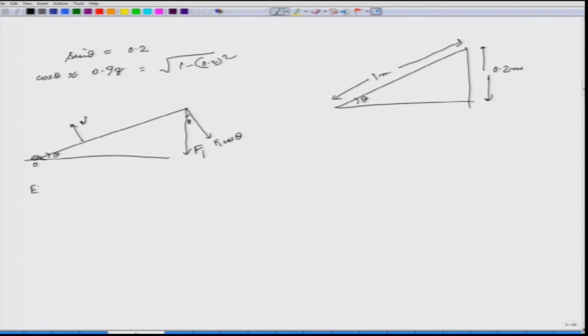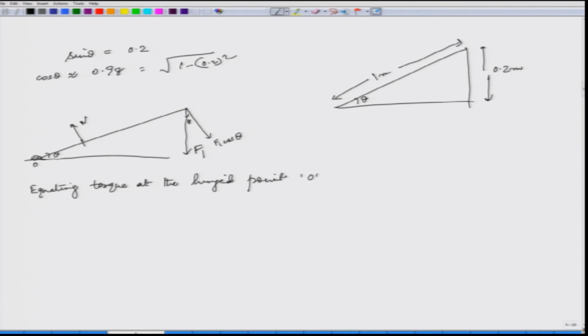So equating torque at the hinged point, which in this case is O. The torque will act due to the normal, which is acting opposite to it, and F1 is trying to rotate it clockwise and N is trying to oppose the force.